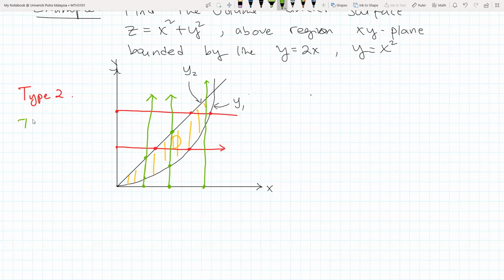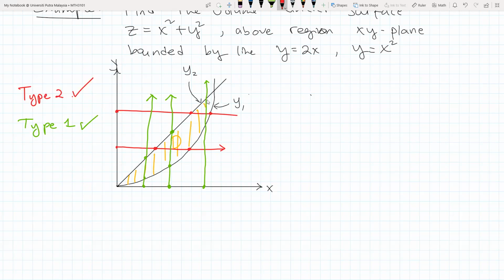So this is also type 1. In this case we can use either type 1 or type 2.